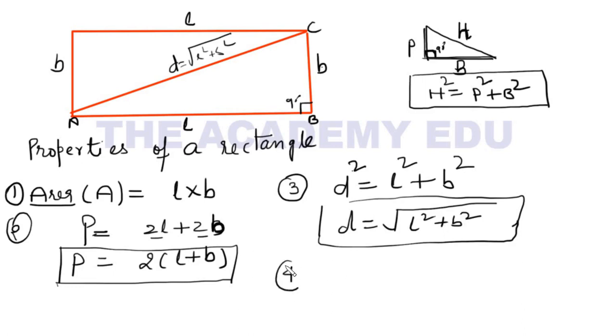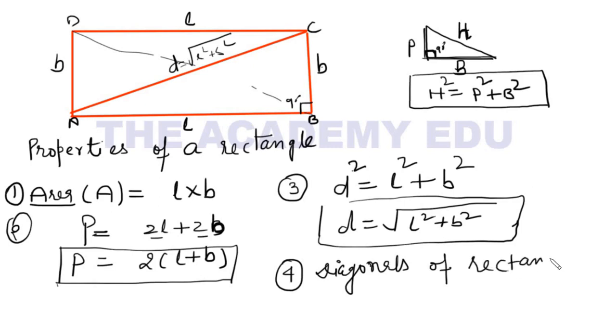Fourth point, diagonals. Diagonals of a rectangle are the same. Suppose I say this diagonal AC is equal to 9 centimeter, then DC also is 9 centimeter.